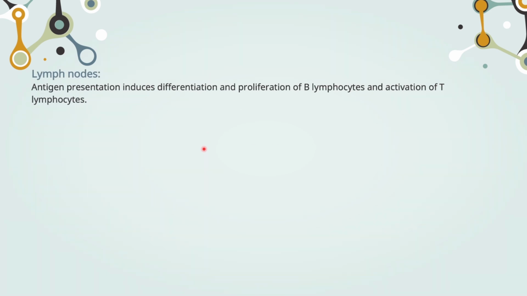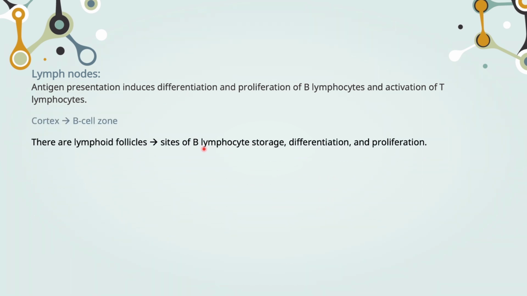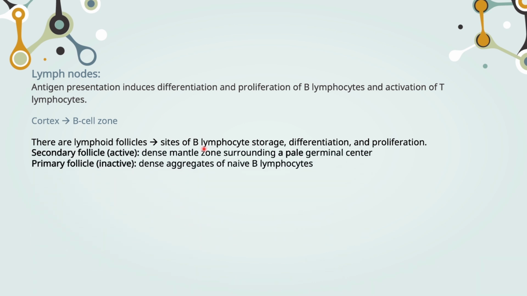Now, lymph nodes, like I said earlier, these are the sites where antigen presentation occurs and the activation of B cells and T cells occur, right? So we have talked about cortex as the B cell zone, and we have talked about follicles. We have talked about secondary follicle and primary follicle. Secondary follicles are the active ones, primary follicles are the inactive. So primary follicles are inactive, they are dense aggregates of the naive B lymphocytes.